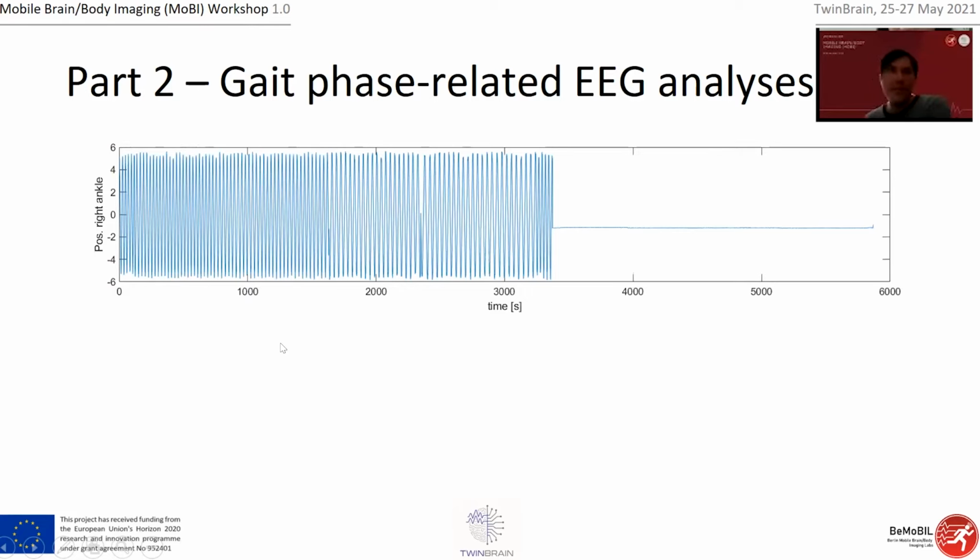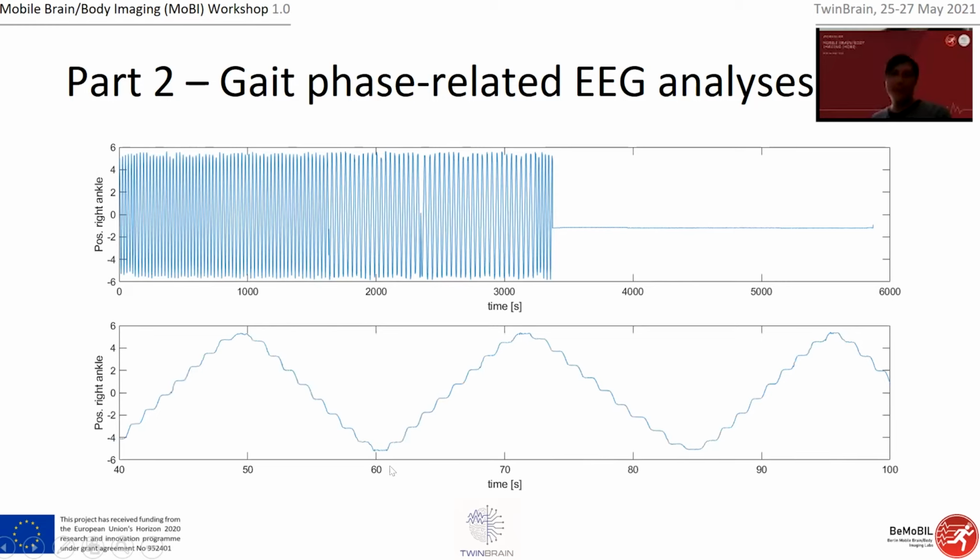If you look at the behavior here, I just plot the position of the right ankle, similar to what Uros did before. This is a trace of the whole experiment, meaning they were walking before and then standing afterwards. If you zoom in, you can see this back and forth walking pattern.